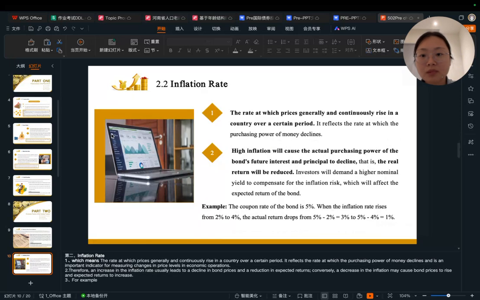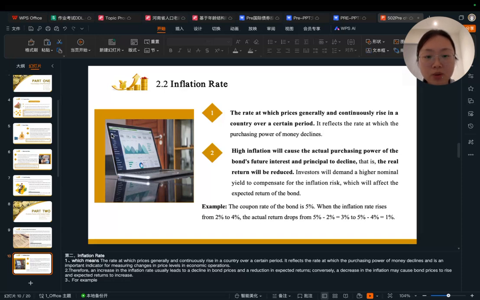The second, inflation rate, which means the rate at which prices generally and continually rise in a country over a certain period. Higher inflation will cause the actual purchasing power of the bond's future interest and the principal to decline.